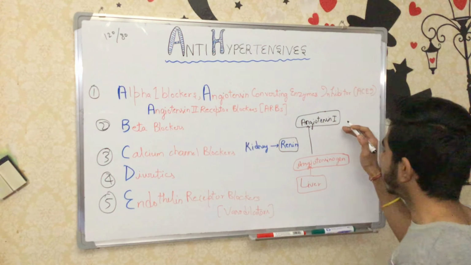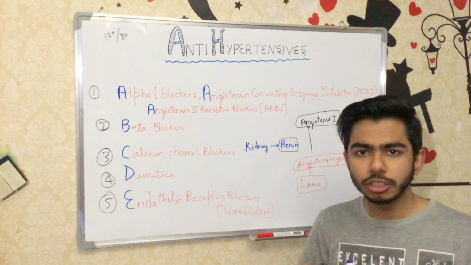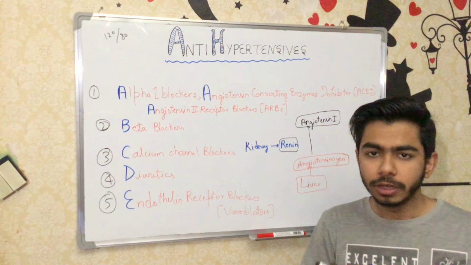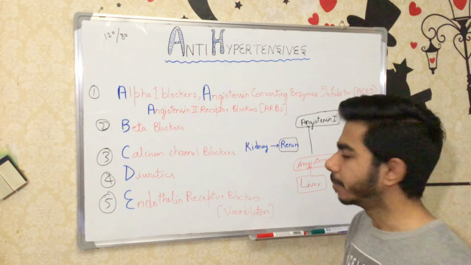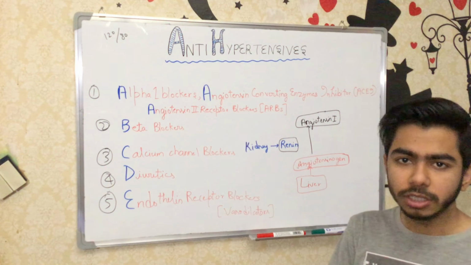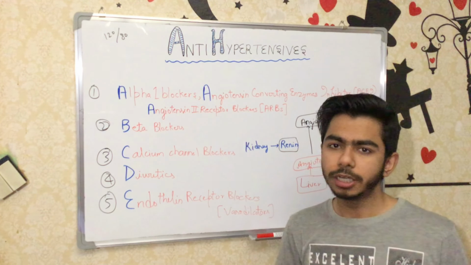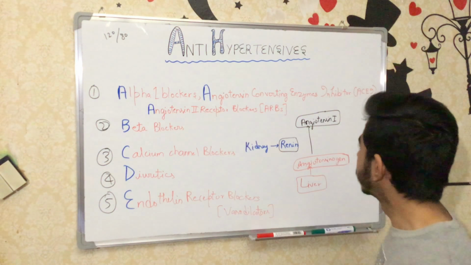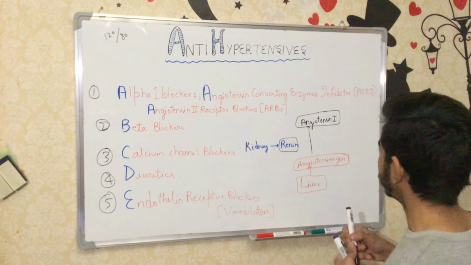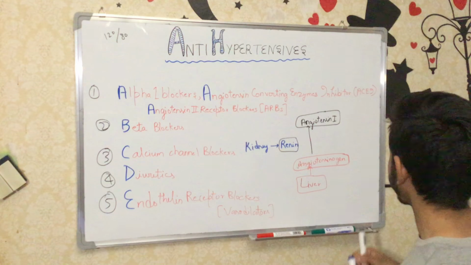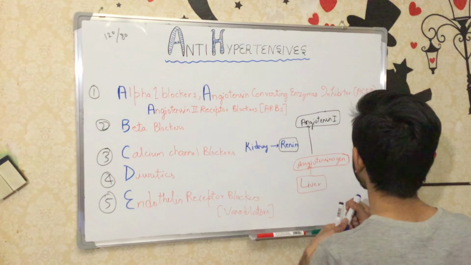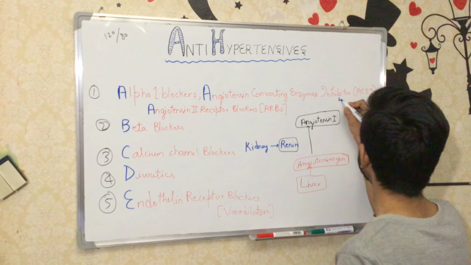And angiotensin 1 will further convert into angiotensin 2 with the help of angiotensin converting enzyme. Where does angiotensin converting enzyme come from? It comes from the lungs. So the lungs have the angiotensin converting enzyme. For example, here are our lungs.